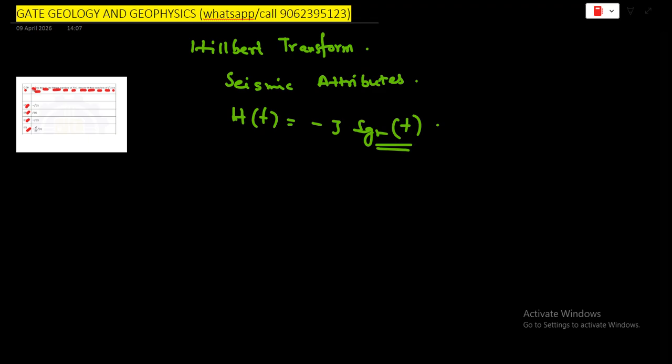It's +1 for positive frequencies and -1 for the negative ones. So you apply it once, your signal gets multiplied by this. Then you apply it again, and you multiply the result by this one more time.